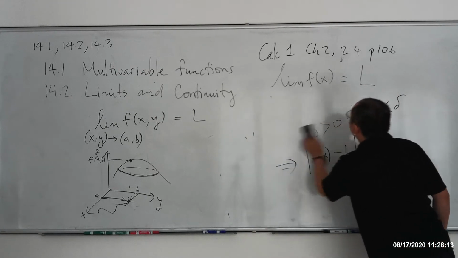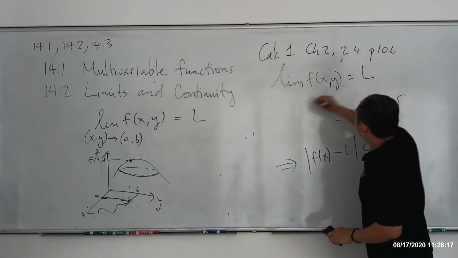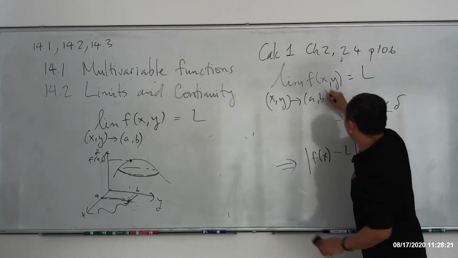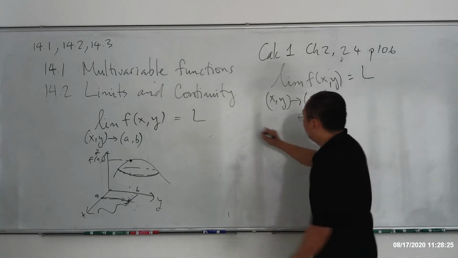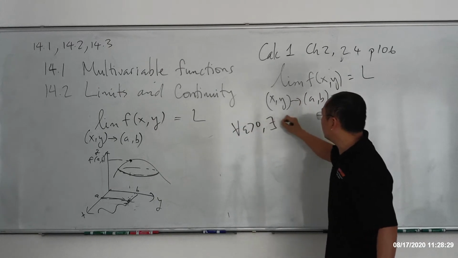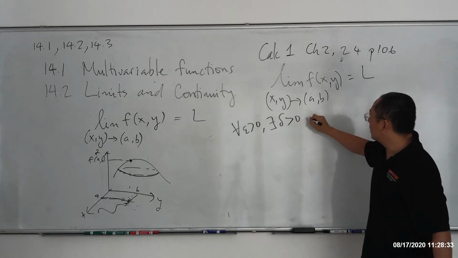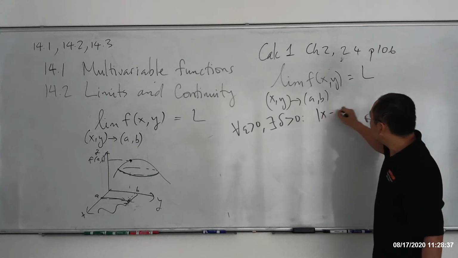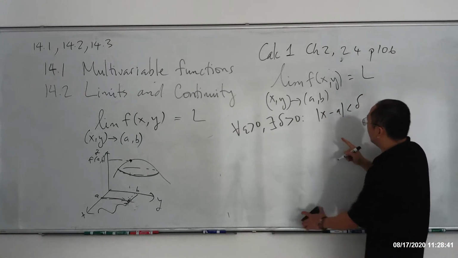The limit of f(x, y) equals L when (x, y) approaches the point (a, b) means that for any epsilon positive, you can always find delta greater than 0, such that, now there's a change. For 2D before you had what? |x minus a| less than delta, right? Now we don't write x minus a anymore.